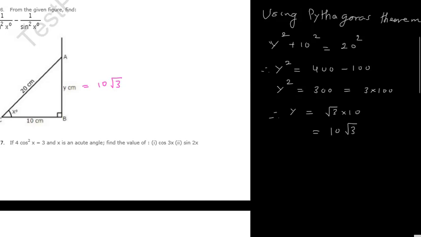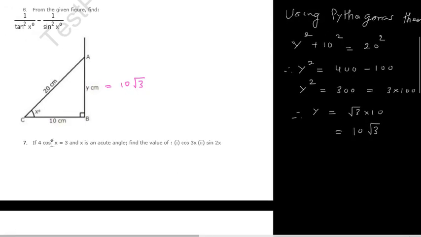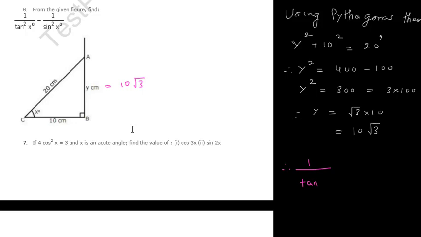Now we have to find the value of 1 upon tan square x minus 1 upon sin square x. So therefore I will say that 1 upon tan square x minus 1 upon sin square x is equal to, so when I say tan x, it is 10 root 3 upon 10.